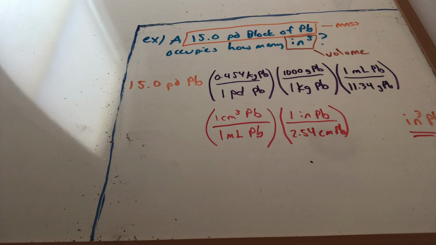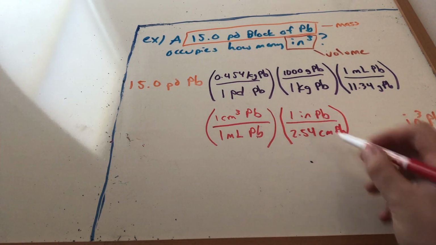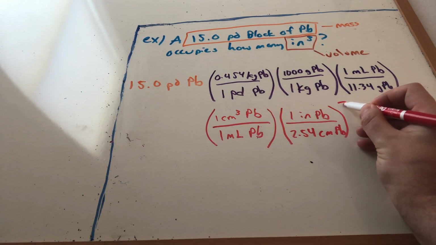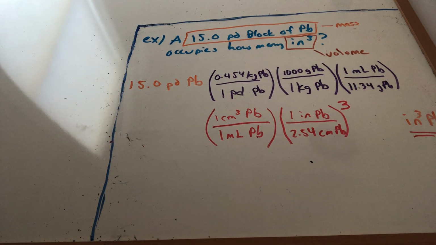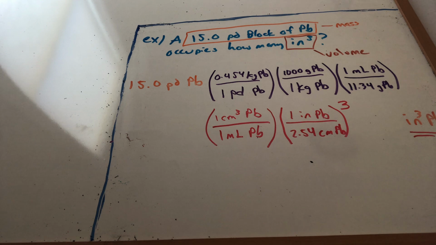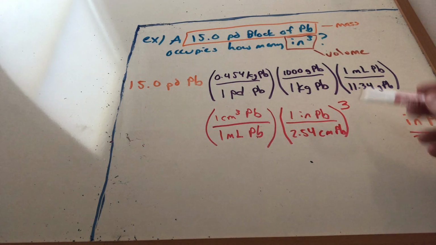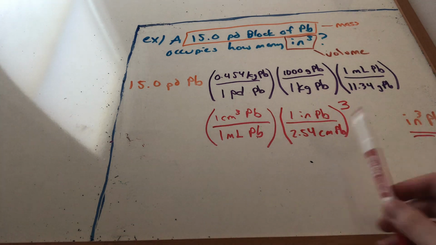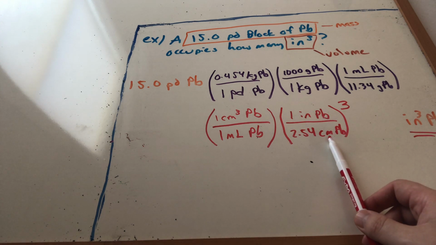Now we avoid writing it 3 times because we kind of know mathematically there's a simpler way to write that. How many times do I have to use this conversion factor? I have to use it 3 times. So I'm going to put this up here as a superscript. I'm going to cube this whole conversion factor, use it 3 times, because I don't have to get rid of 1 centimeter.